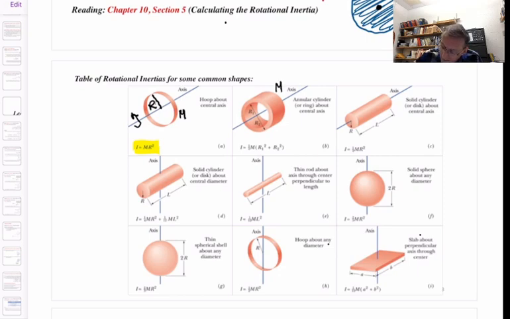And it's got an inner radius, r1, and an outer radius, r2. So r1 is from the central axis to the inner surface of the ring, and r2 is from the central axis to the outer surface of the ring. And then the axis goes right along the central axis of the ring, and it's rotating about that axis.